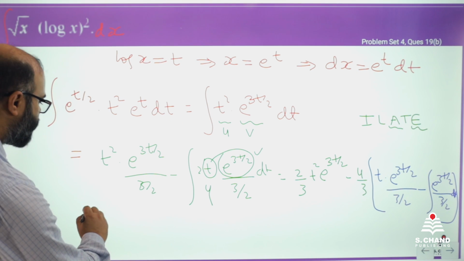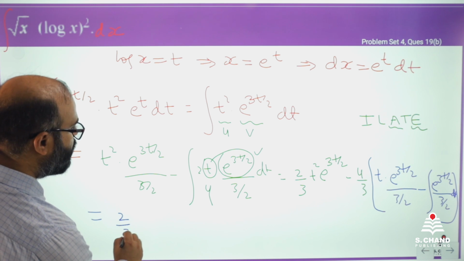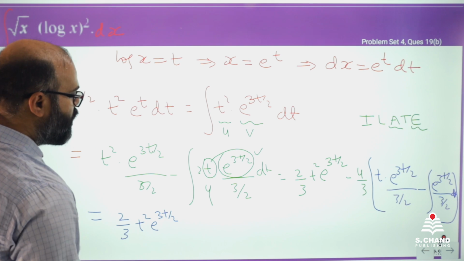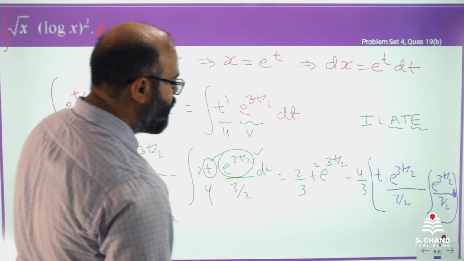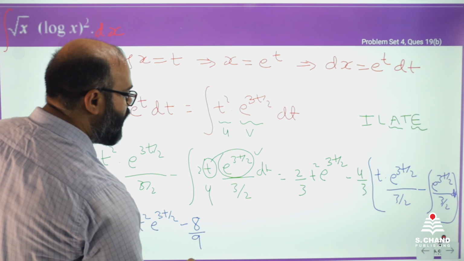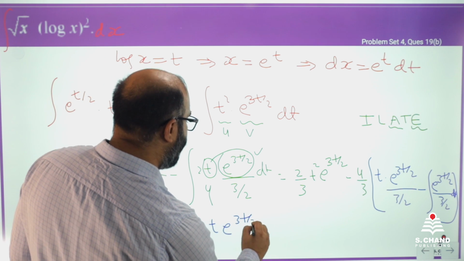Now if you see the final answer, it would come out to be 2 by 3 t square e to the power 3t by 2. Next term would be minus 8 by 9, and it will be t e to the power 3t by 2, right?